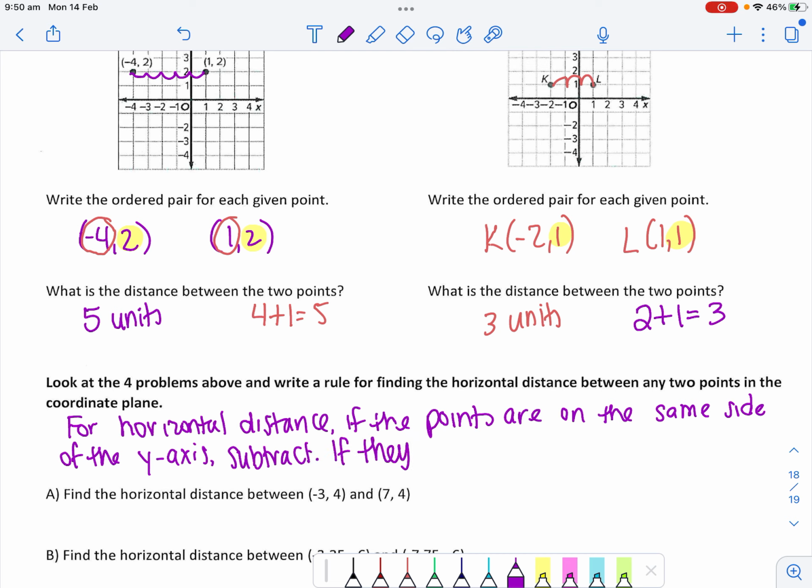If they are on opposite sides, add. Because that's what I did. If they were on the same side of the y-axis, I subtracted those 2 x coordinates. If they were on opposite sides of the y-axis, I added the x coordinates.